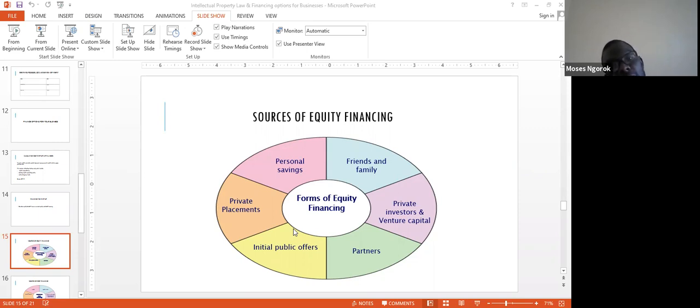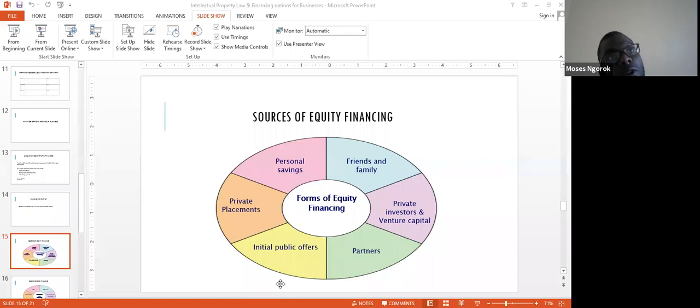The other one is what we refer to as an initial public offer. Many of you are probably following the IPO by MTN Uganda. MTN Uganda has issued an IPO.